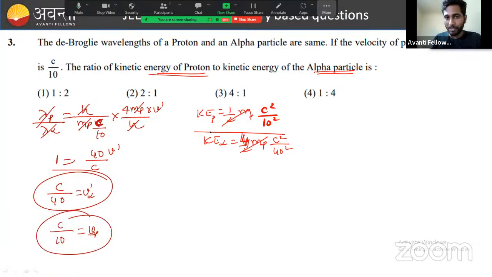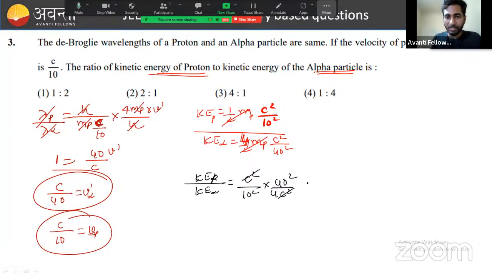Okay, 4 times. Next, the kinetic energy of proton to the kinetic energy of alpha particle will be equal to, in the numerator, c square by 10 square. In the denominator it is 4 times c square divided by 40 square. C square cancels.